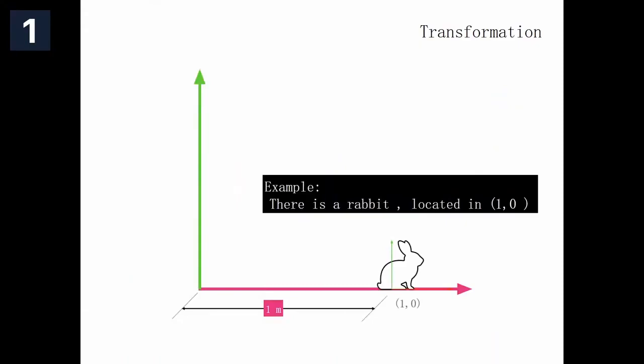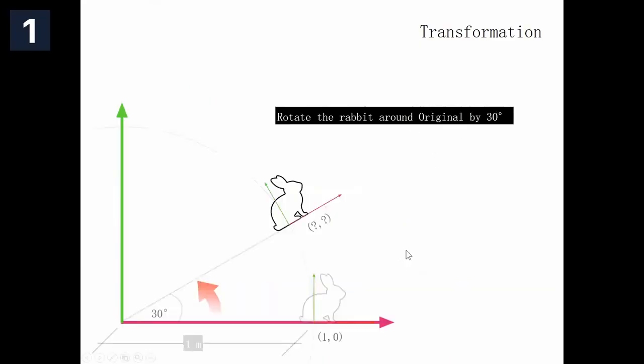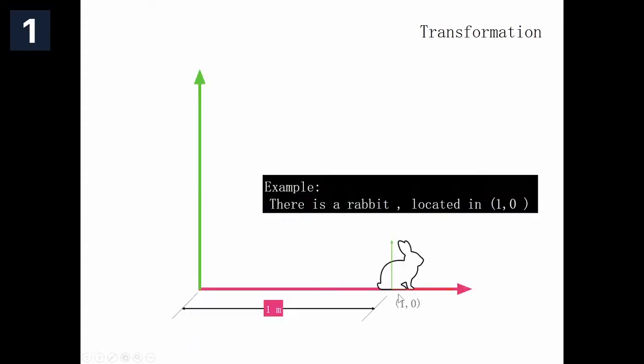I will show you a very simple example. Suppose there is a rabbit located at position (1,0).